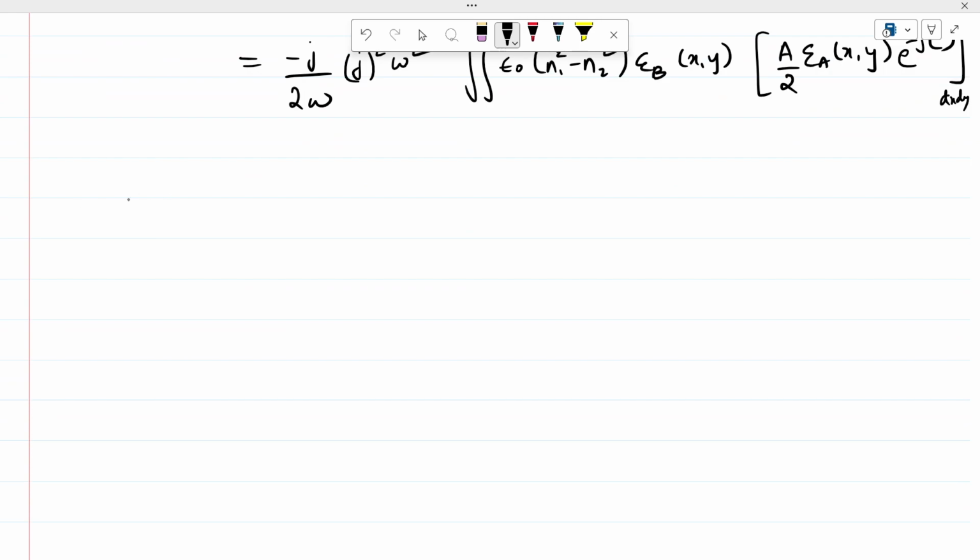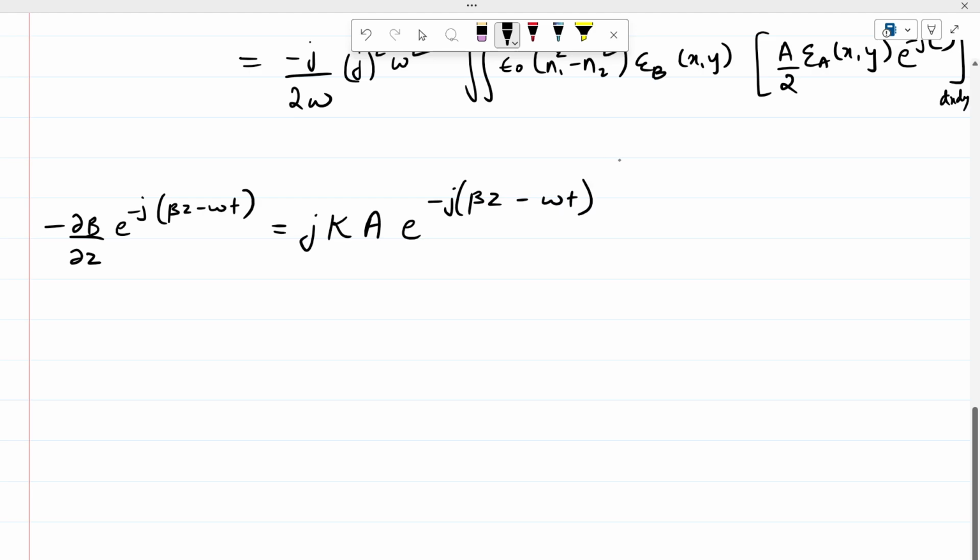So then finally I can write it as minus dou B by dou z e power minus j (beta z minus omega t) plus complex conjugate terms, leave it, is equal to j coupling coefficient A e power, just like last time we did the same things, (beta z minus omega t) plus again complex conjugate terms.